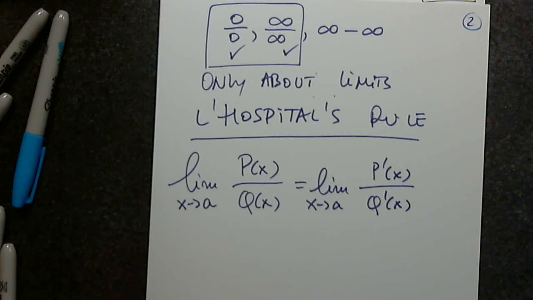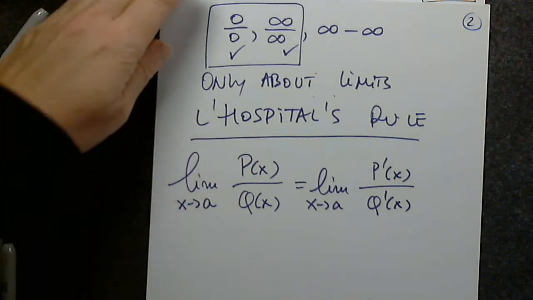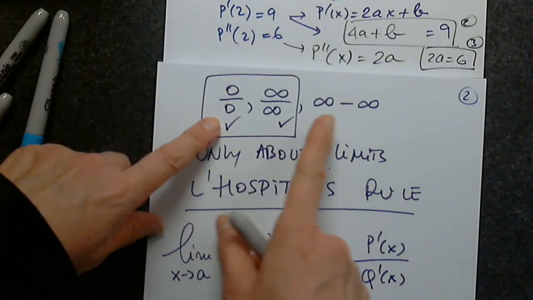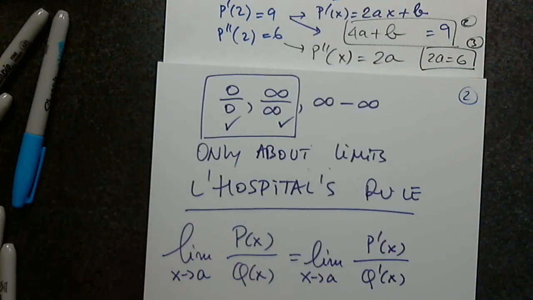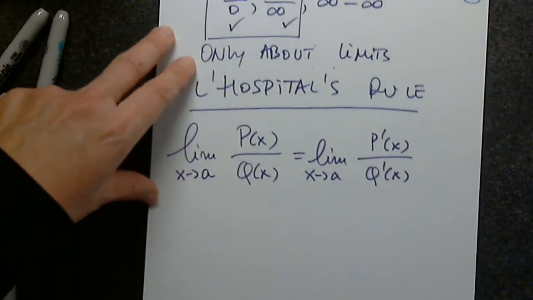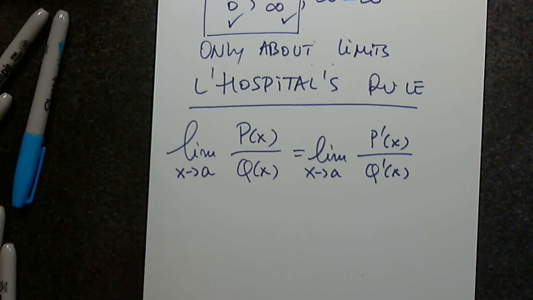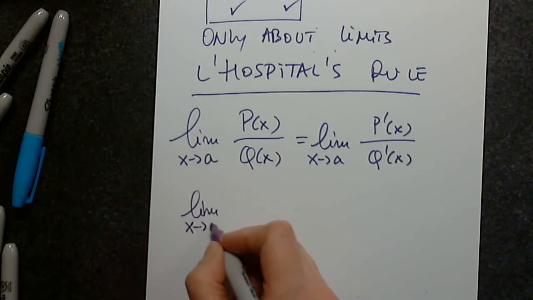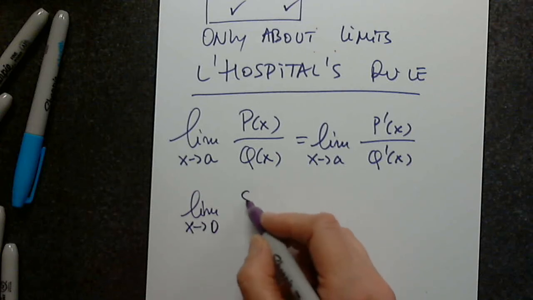We never differentiate a ratio by differentiating the top and differentiating the bottom. That's never allowed. However, inside a limit, and if we encounter one or the other, not any other of the 4 ones, just these 2, we are allowed to determine the limit by differentiating the top and differentiating the bottom.